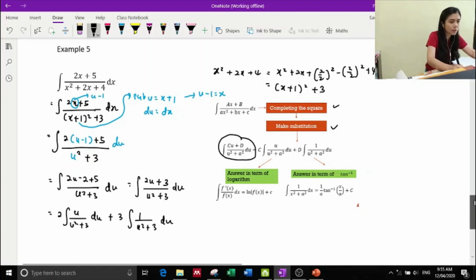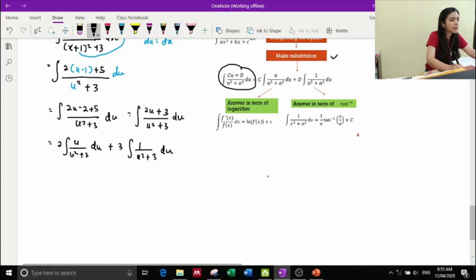Let's go for the integration part. If you look at the first integration, your answer will be in terms of the logarithm. So you're going to use the f prime over f. You have this one as the f, and what is your f prime? We have f is u squared plus 3, so your f prime is supposed to be 2u. That means we need the number 2.